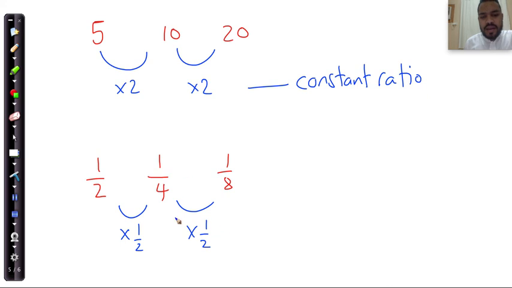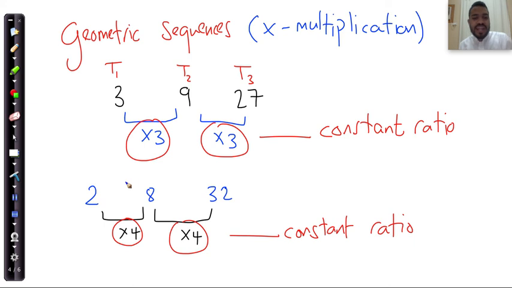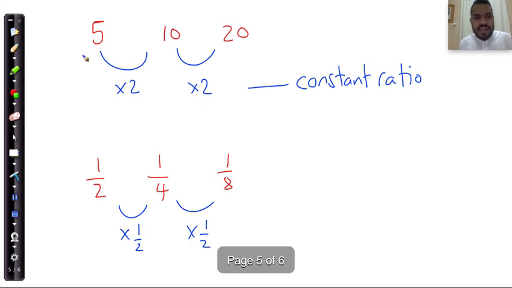So what we've done in each of these examples is we've investigated this through inspection. We just looked at 3 and 9 and 27 and said, oh my word, what are you multiplying by to get there? Or what are you subtracting or adding? When we found that adding or subtracting doesn't work, we said, let's see what you multiply by. Same thing over here.